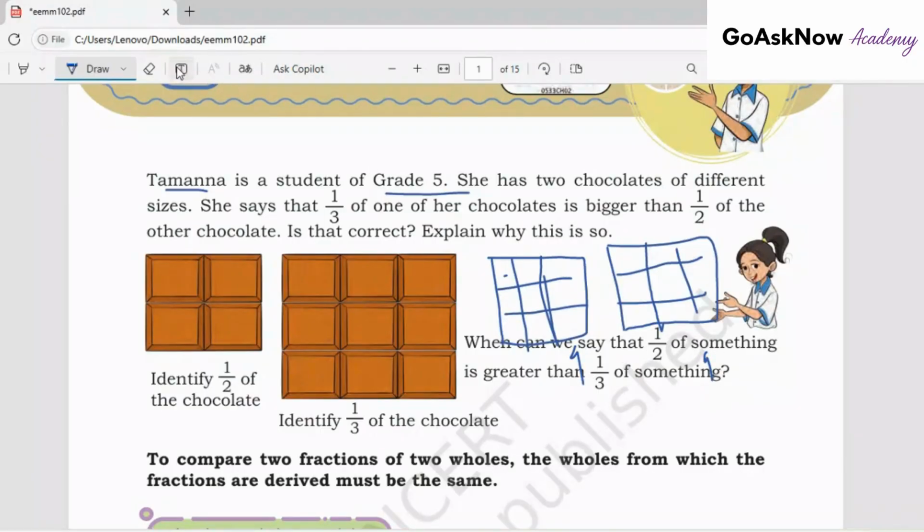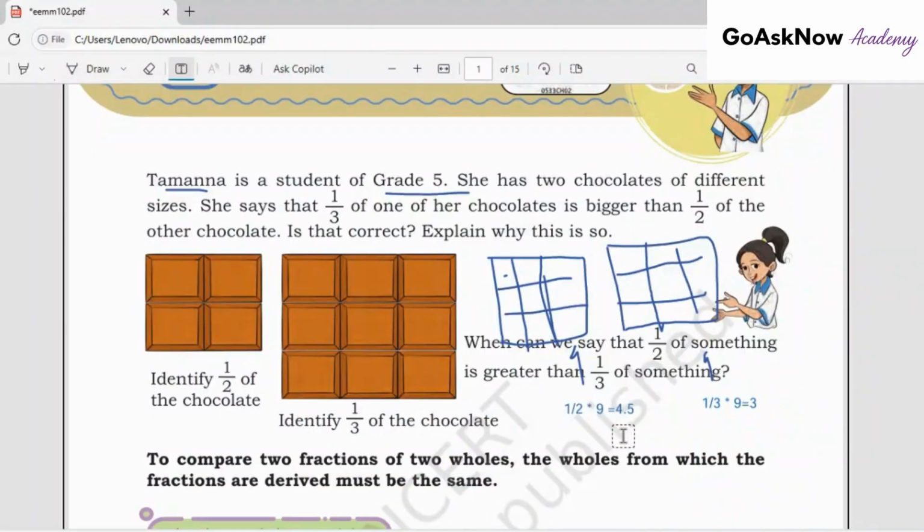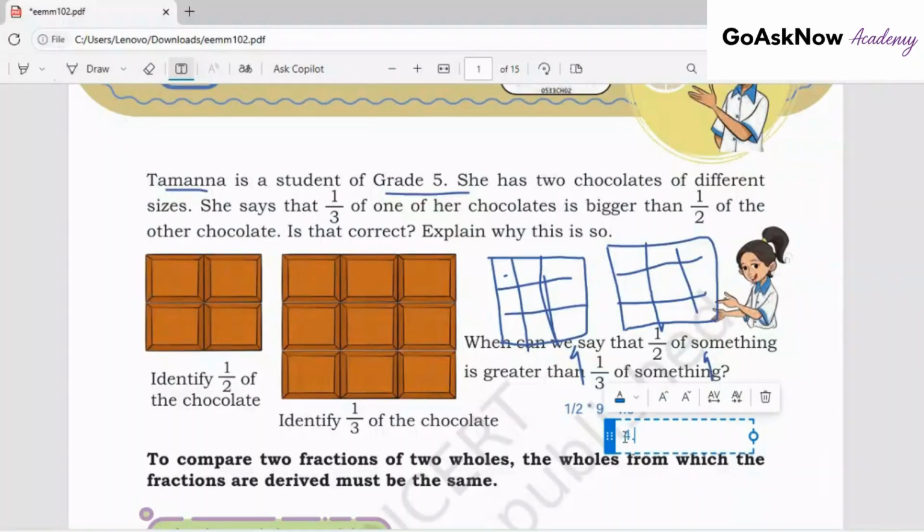Let us calculate 1 by 2 into 9, which is equal to 4.5. Next, 1 by 3 into 9 is equal to 3, where 4.5 is greater than 3.